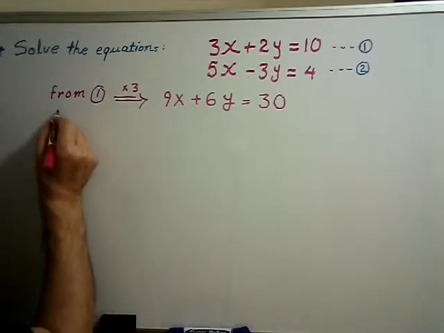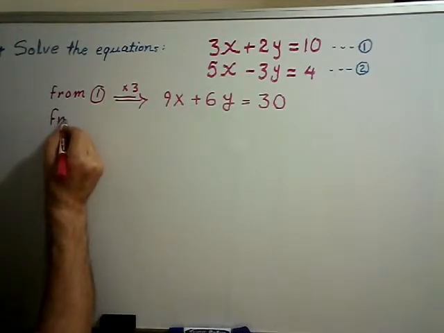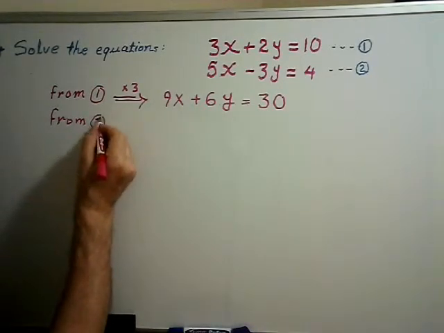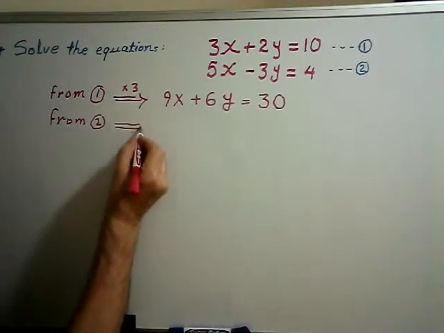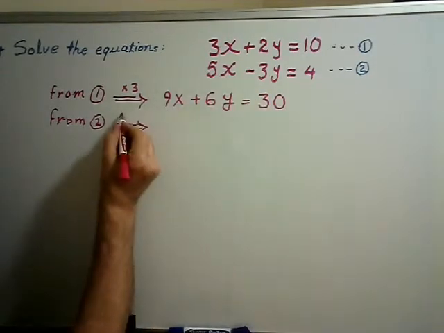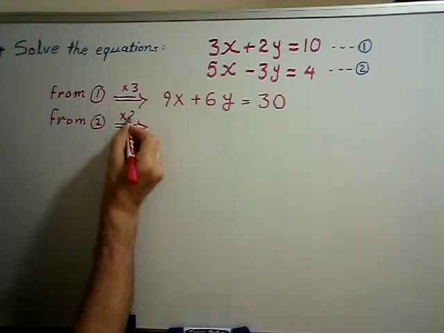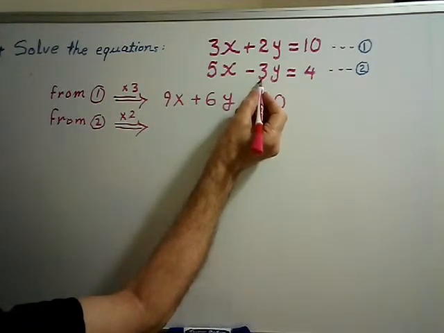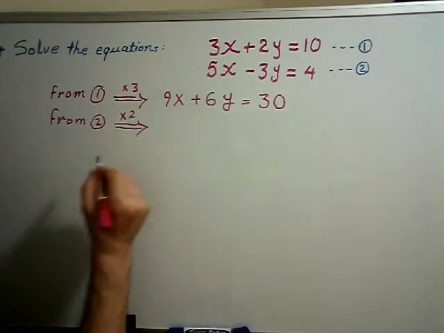And from equation number 2, we can multiply by 2 here, to get 6. 2 times 3 means 6, to be 6 like here.